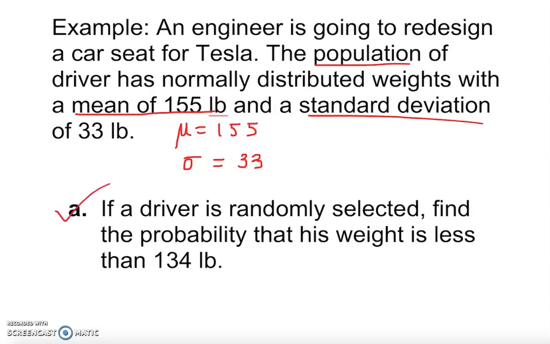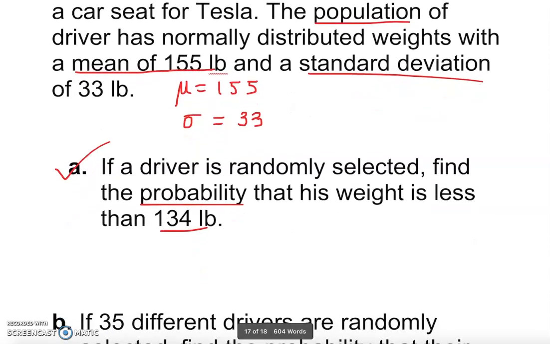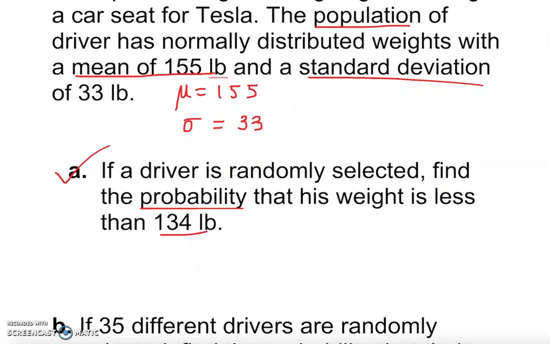What does it say? If a driver's weight is normally distributed, find the probability that his weight is less than 134. I think you know how to find this one, right? Again, we must convert this into a z-score. Otherwise, we cannot use the z table.